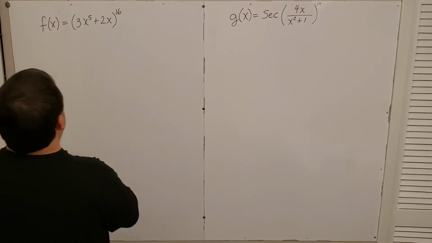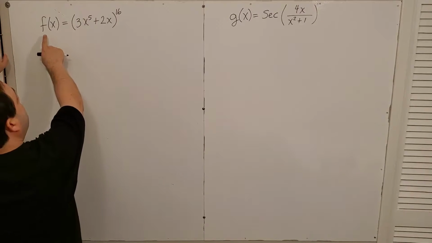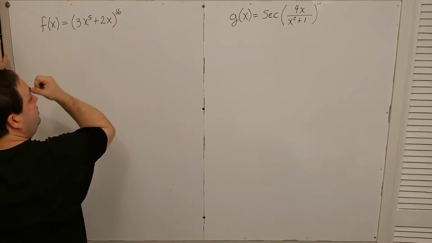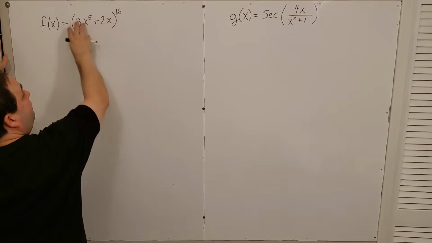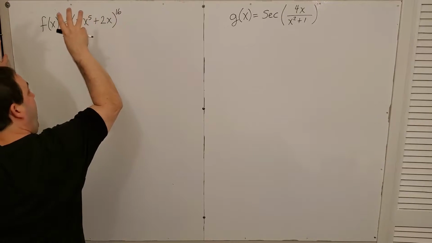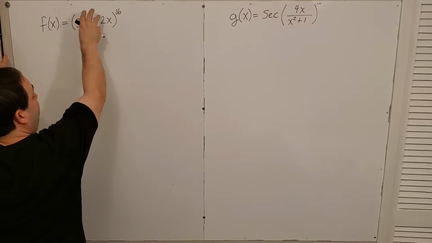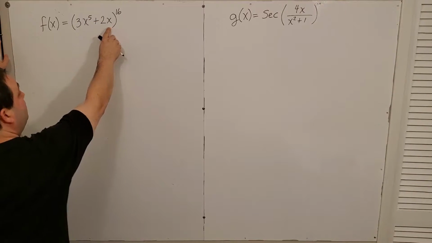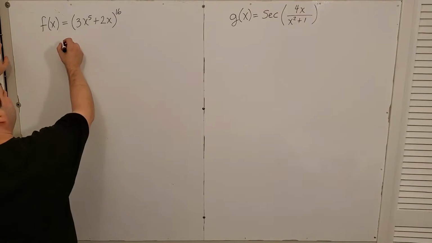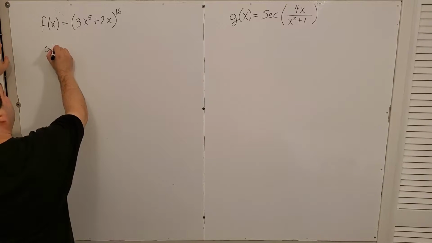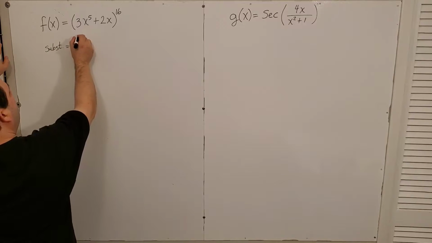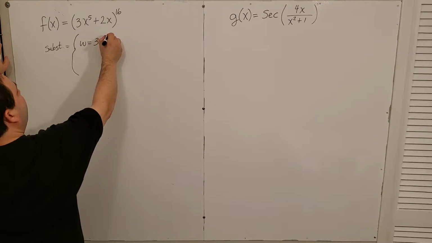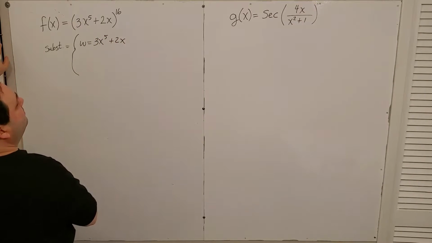So I'm going to start by recognizing that f is equal to a nested composition here, where the outside function is the 16th power and the inside function is 3x to the 5th plus 2x. So by substitution, I'll say w is 3x to the 5th plus 2x.